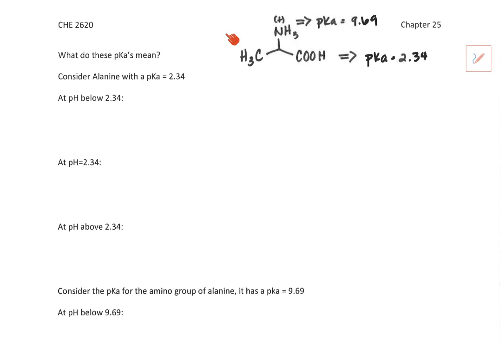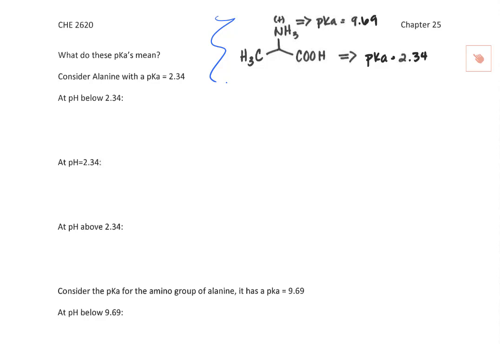When we look at alanine here, I've written out the pKa's for you specifically. What these pKa's mean is if we have a solution that has the same pH as the pKa, then half of your groups will be protonated and half of that group will be unprotonated.